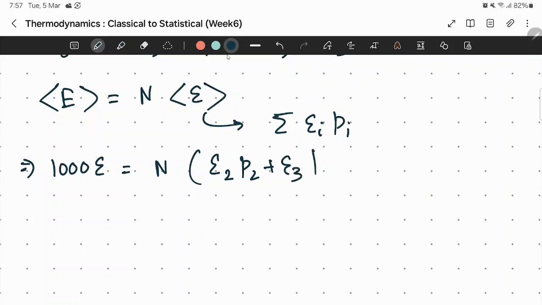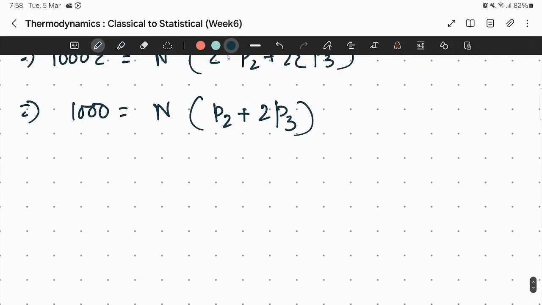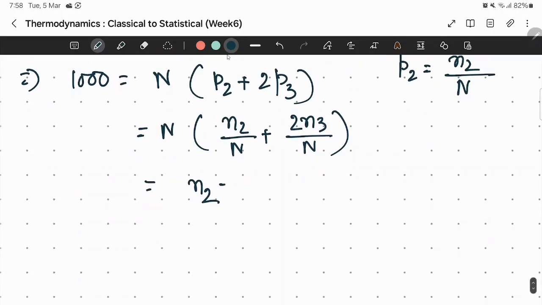Now E1 is epsilon and E2 is 2 epsilon, so 1000 equals N into epsilon p1 plus 2 p2. So what are p1 and p2? p1 is N1 by N and p2 is N2 by N, so N cancels out, and N1 plus 2 N2 is 1000.